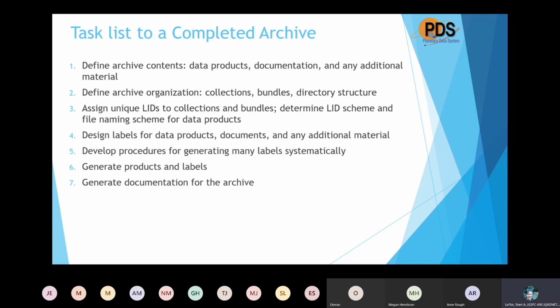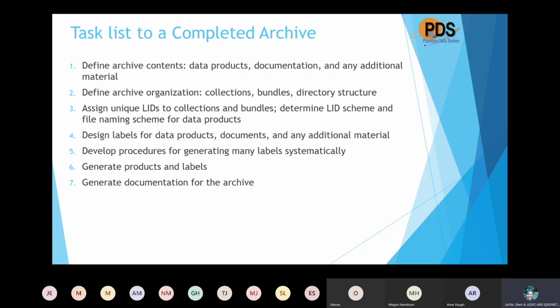These four tasks are more your meat of the actual archive creation. So this is your primary task. You're going to be responsible for designing the labels for your data products. Now, that's not to say you're not going to get help. You will, but the actual task of creating the labels as you go forward and collect your data products or your context products or, you know, all your other products, documentation, those are all going to be in your area.